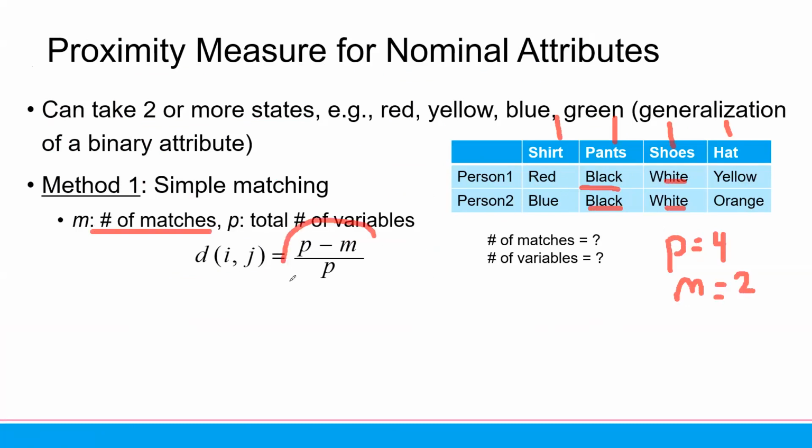Then we can fit into this formula: 4 minus 2 divided by 4. Then it is 0.5. So with simple matching, we can see that the distance is 0.5. This is by taking 2 or more states for nominal attributes.